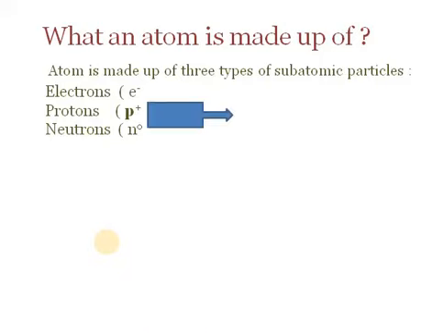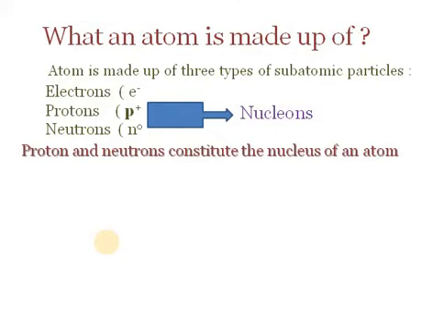Protons and neutrons constitute the central part of an atom, which is called the nucleus, and as these two types of subatomic particles constitute the nucleus of an atom, they are collectively called nucleons. So protons and neutrons constitute the nucleus of an atom, and hence they are called nucleons.